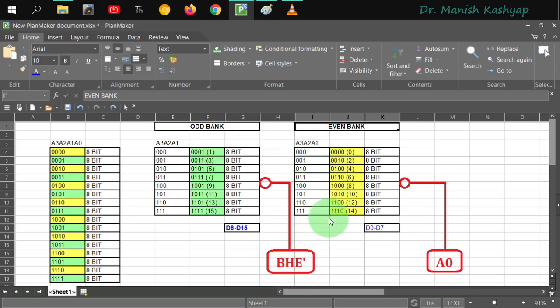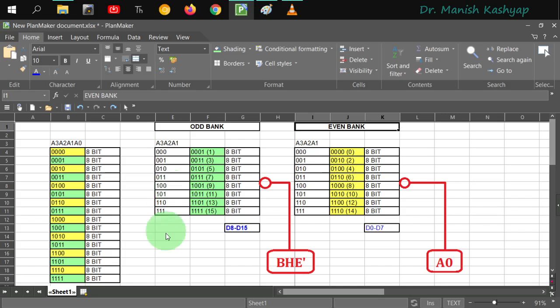Now the next thing is, to the even order bank, we will connect only the lower byte of the data bus, that is D0 to D7, and to the odd order bank, the higher order bank, we will connect the higher order data bus, that is D8 to D15, right? For obvious reasons, because we are using little endian format.